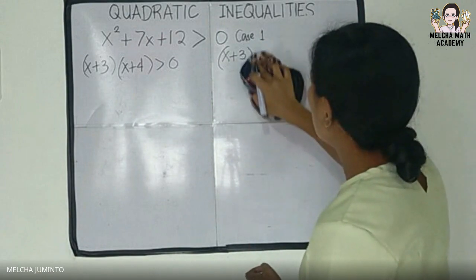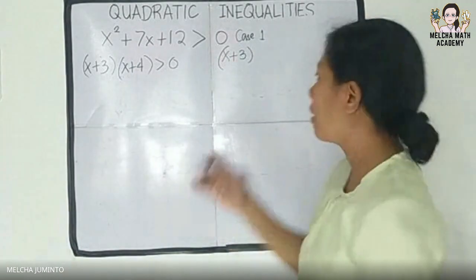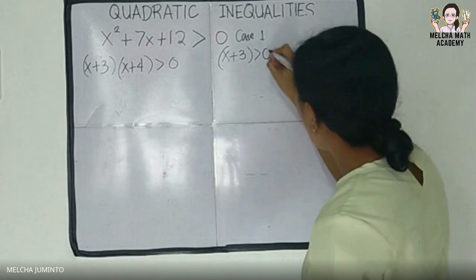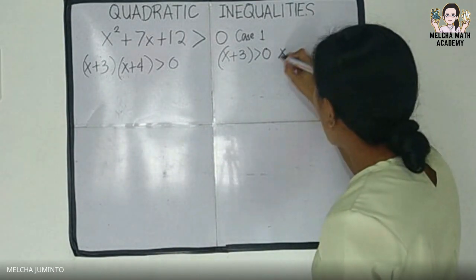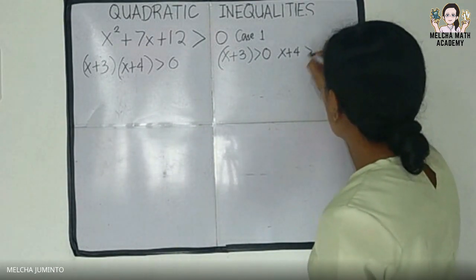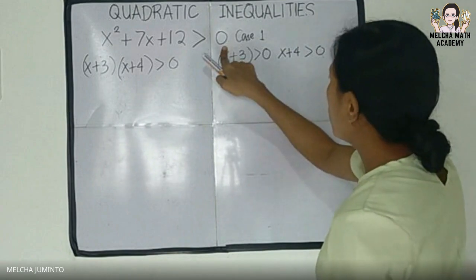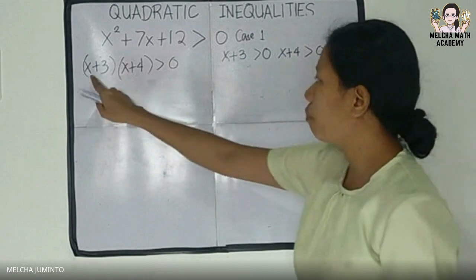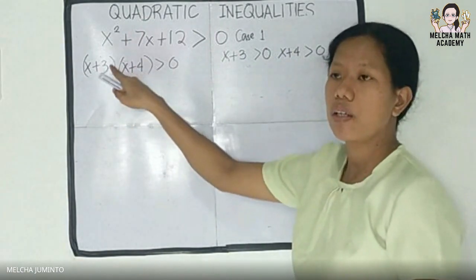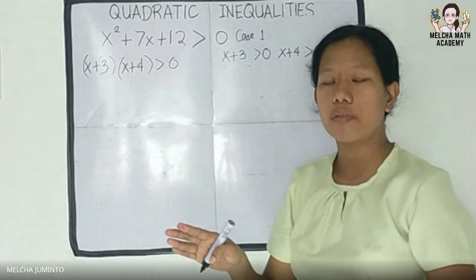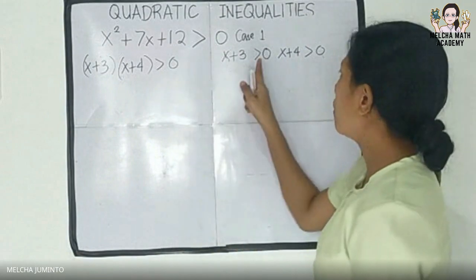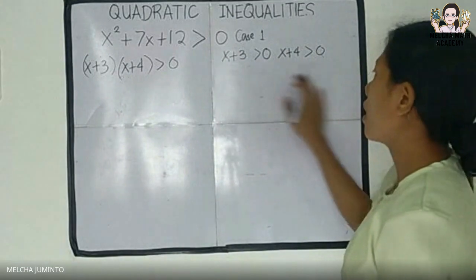You now separate them. It can be x plus 3 is greater than 0, and the other one, x plus 4, greater than 0. Because if both of these are positive, positive times positive is positive, so all positive numbers are greater than 0. Therefore, this is the first case.